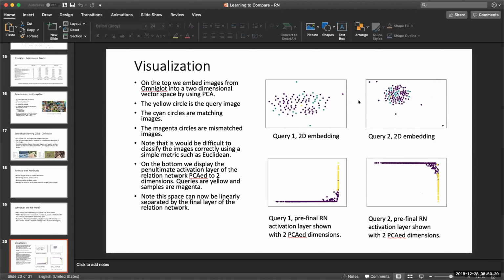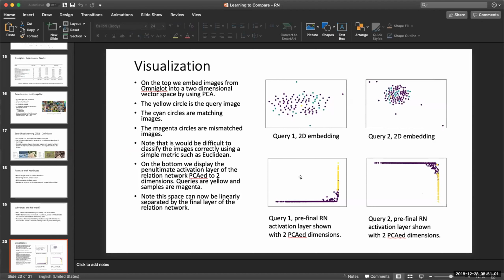If you look at that, you'll see that it would be difficult to use something like a nearest neighbor with a Euclidean distance to do well at this level, especially on the right. They're not well clustered at this level in the network.